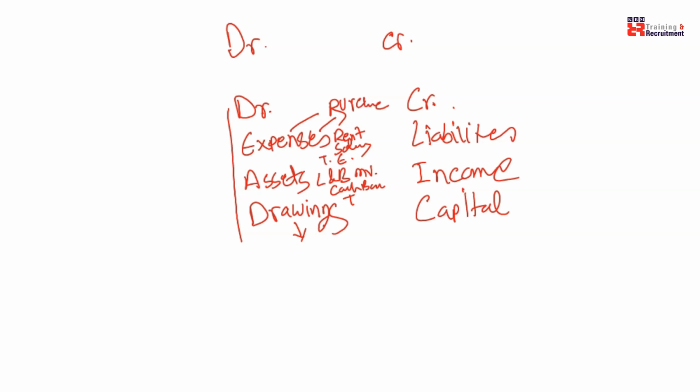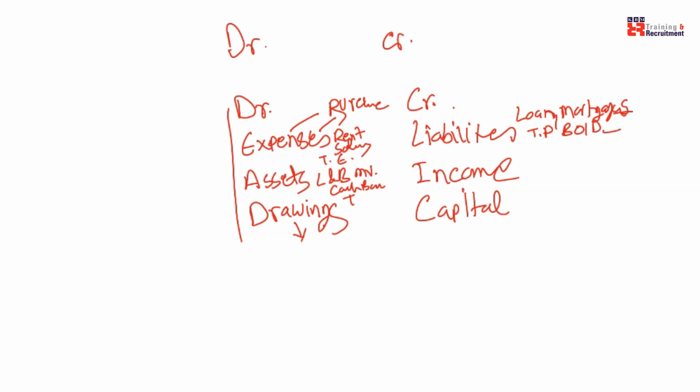On the credit side, liabilities, again, like assets, you have short-term and long-term liabilities, current and non-current, like loan, mortgages, and trade payables, short-term liability, yeah. Bank overdraft, OD, bank OD.